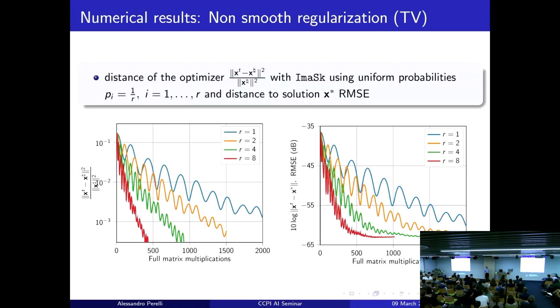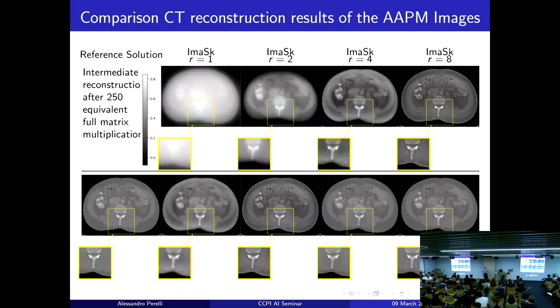Even if our theory doesn't apply to non-smooth regularization, we apply TV in practice, and again we got a similar trend in terms of error versus computational time, in full matrix multiplications. And these are the qualitative results with a clinical 2D CT scan image from APM as well, with intermediate images after 250 matrix multiplications.